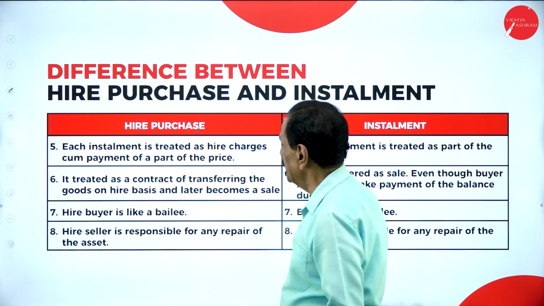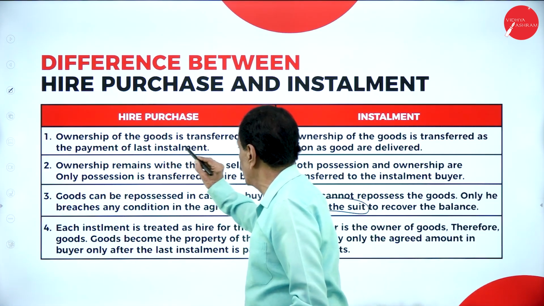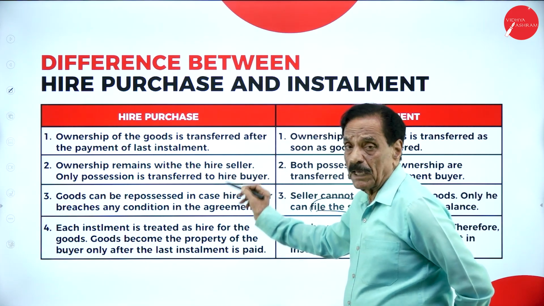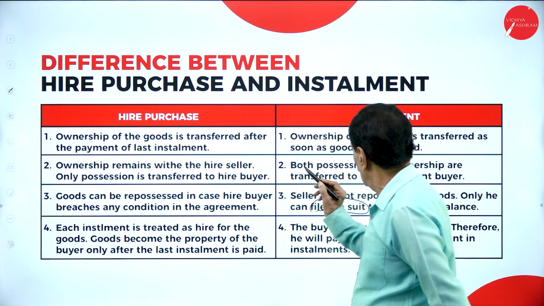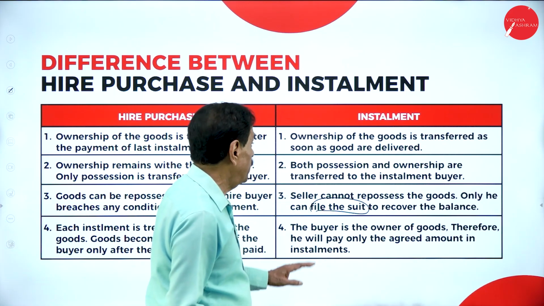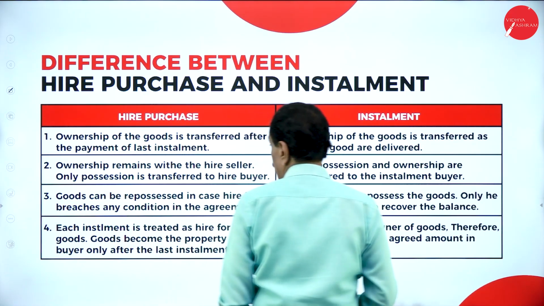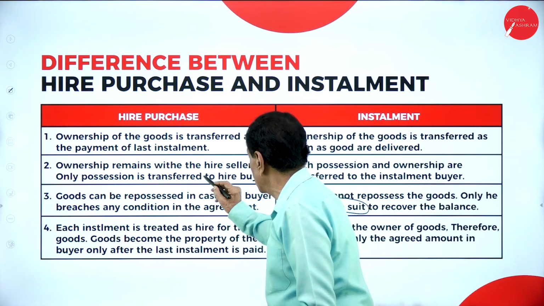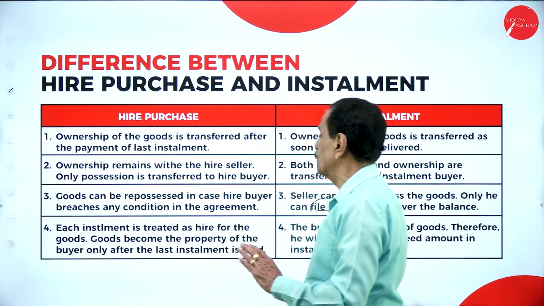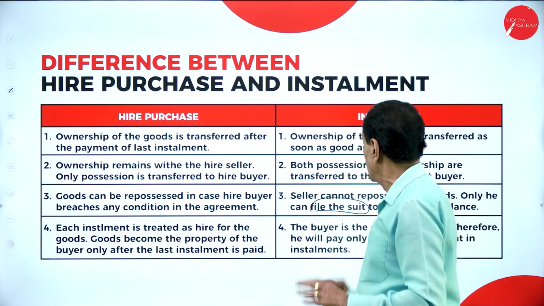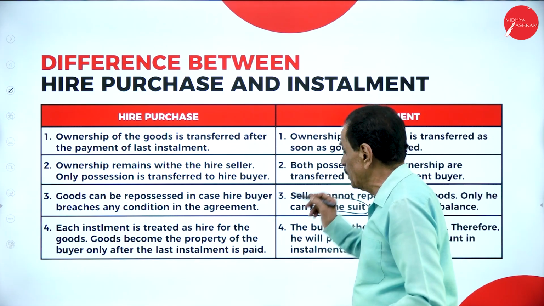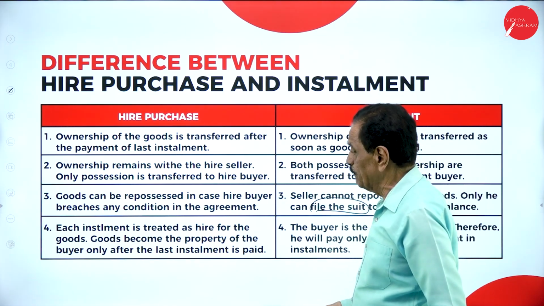This is very important. In installment system, ownership of the goods is transferred as soon as goods are delivered. In hire purchase, ownership is transferred after the payment of the last installment. Ownership remains with the hire seller, and only the possession is transferred to the hire buyer. Here, both possession and ownership are transferred to the installment buyer.